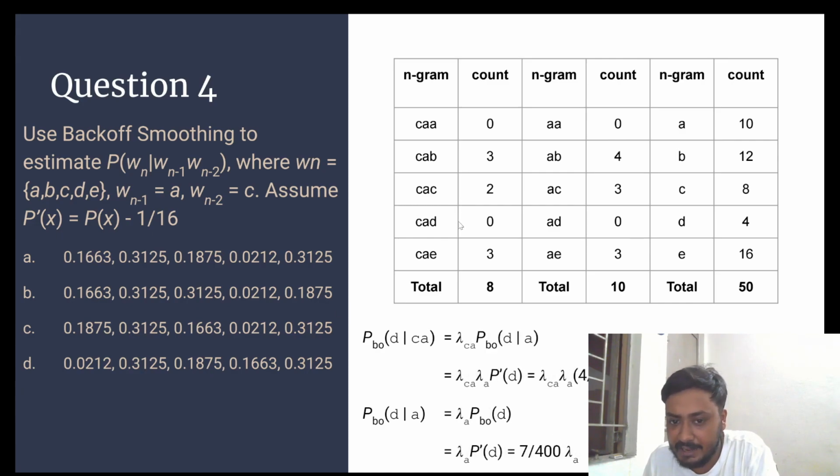D given CA, it's 0, so we follow the process similar to A, and you will get finally lambda CA and again a lambda A. So you can see that because you have to calculate given with respect to the same bigram or trigram, at the end there is always CA, or here it is always A. That is why the lambdas are in terms of those exact things.